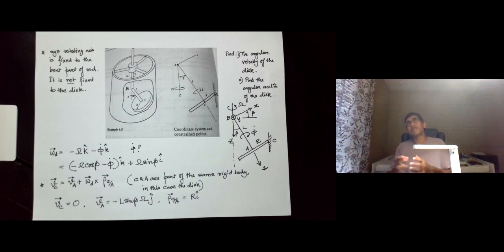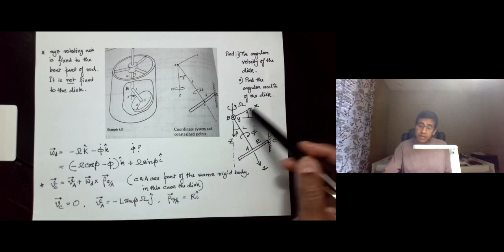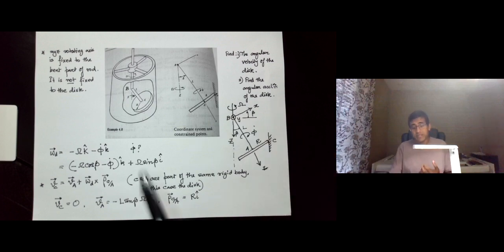In a variation of the first attempt, which we can call our second attempt, covered in part 2 of the videos on this problem, we considered a case where the rotating reference frame is no longer fixed to the disc, but rather it is fixed to the bent part of the rod AB.